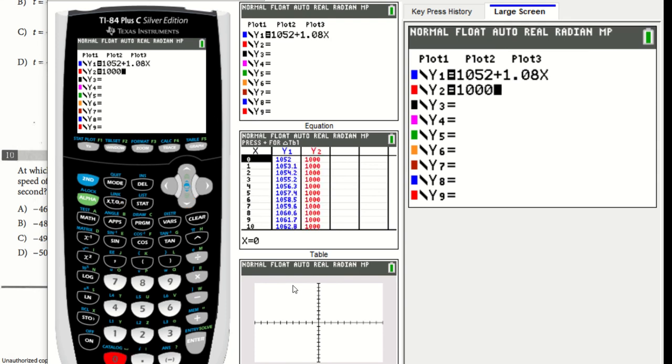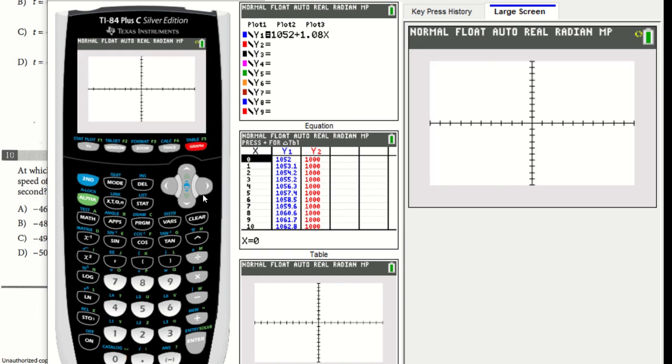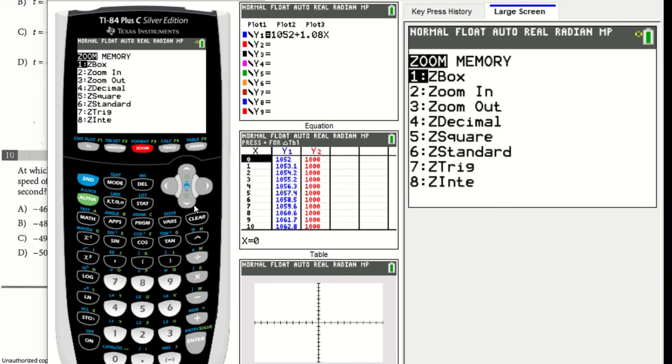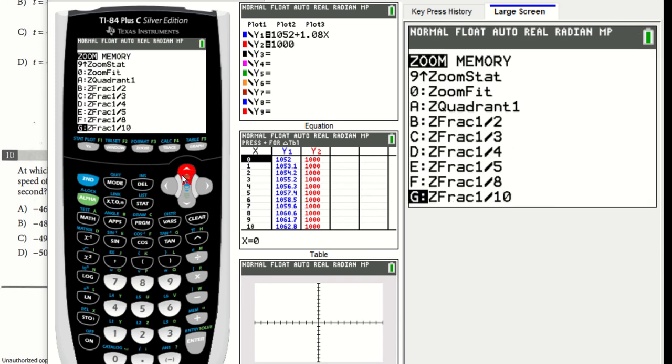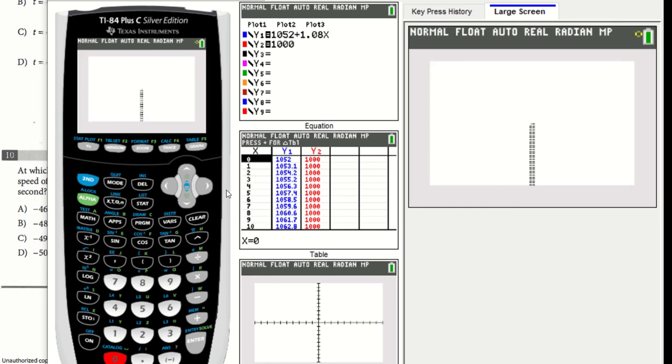First of all, let's graph it to see what this looks like. You won't actually see anything on your screen, so you can click zoom as soon as it's ready, and you can say zoom fit. So you can actually see both of your equations on the same graph.